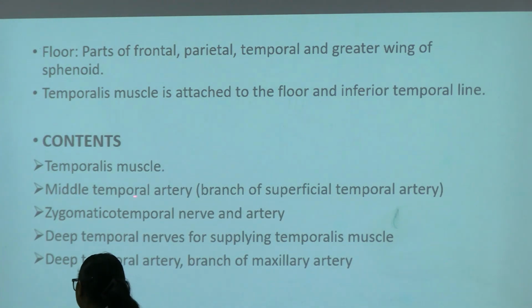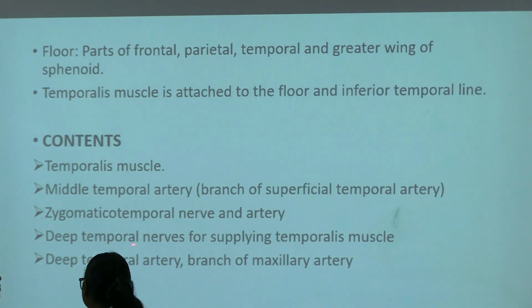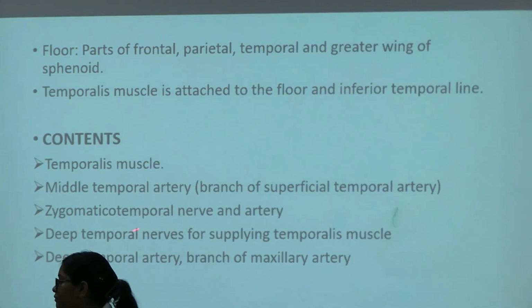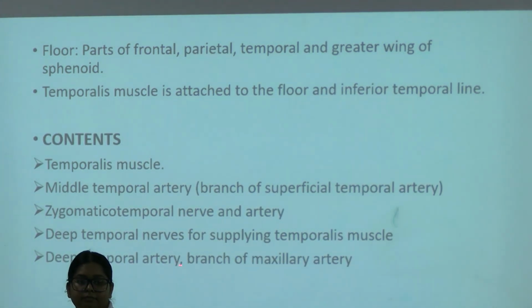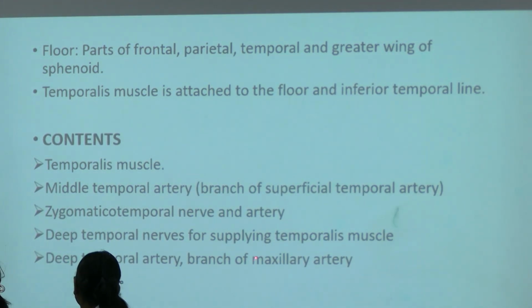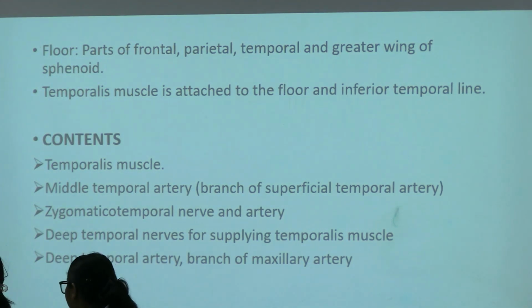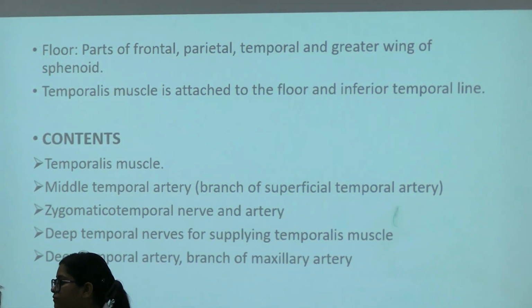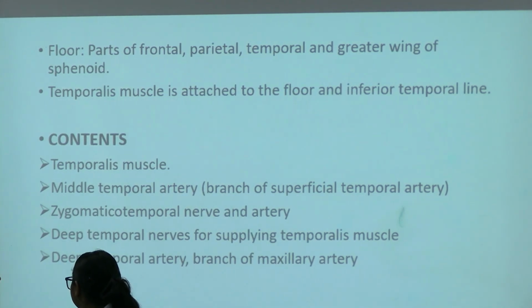Next we have the middle temporal artery, deep temporal nerve, and also the zygomatico-temporal nerve and artery. We have the deep temporal artery, which is a branch of the maxillary artery.